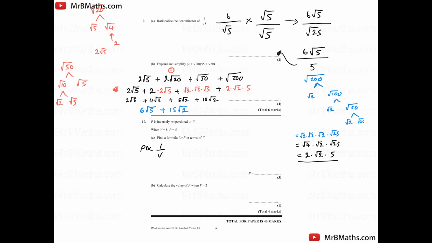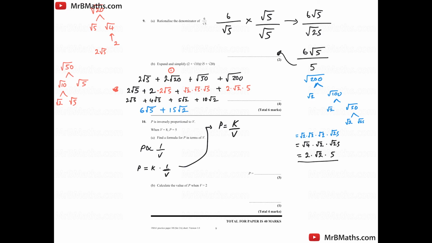So we then remove the proportion sign and we replace it with an equals and a K, and then it will be K times 1 over V. Okay, now an easier way to write that would be P equals K over V.